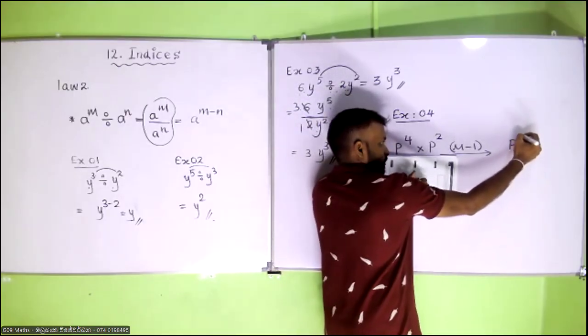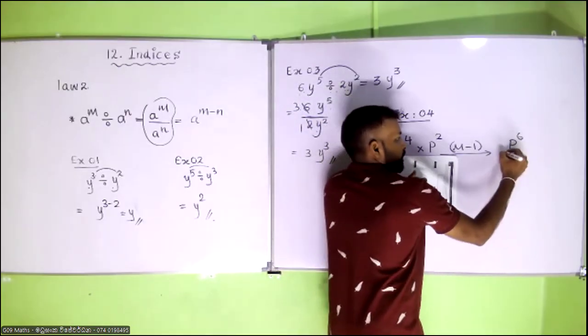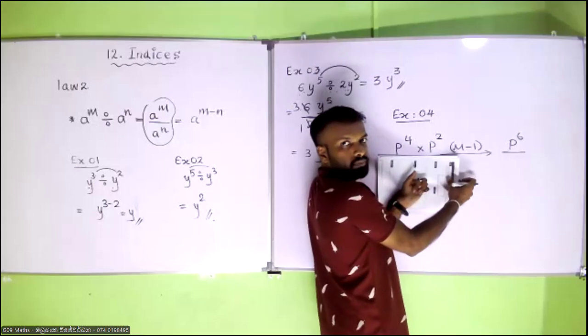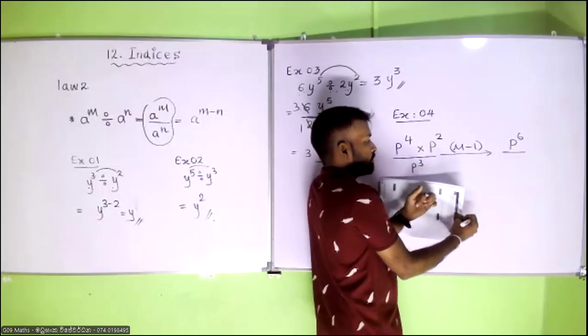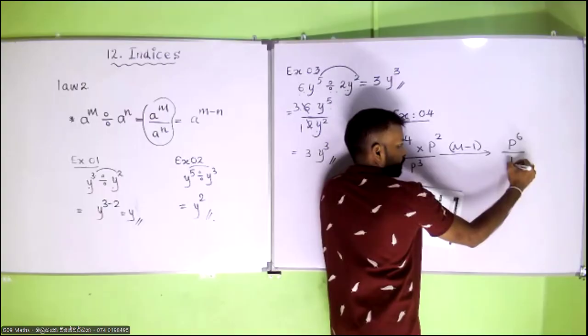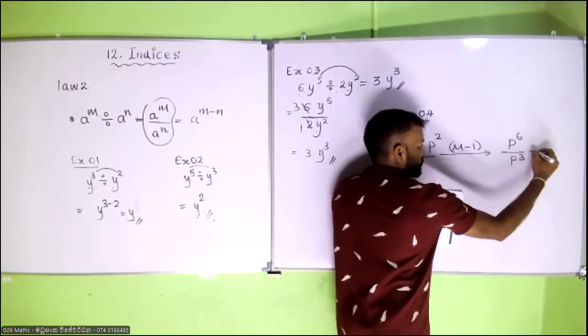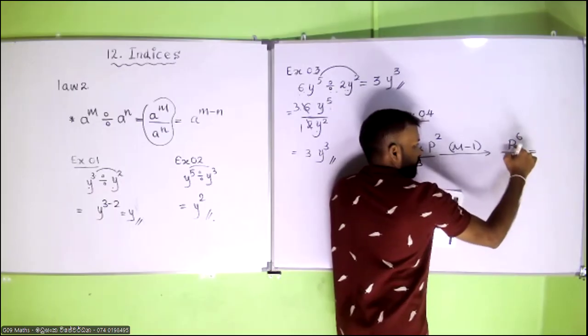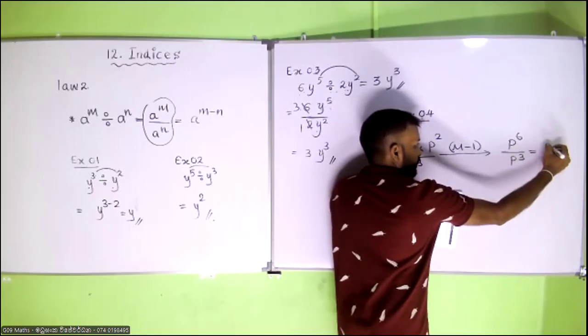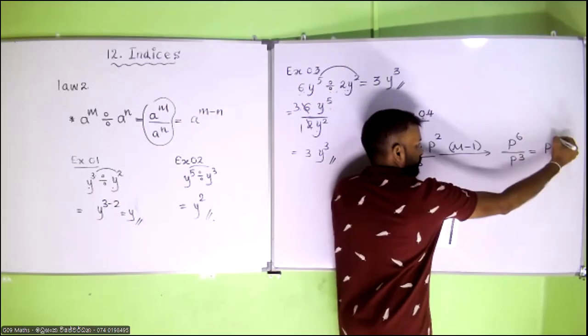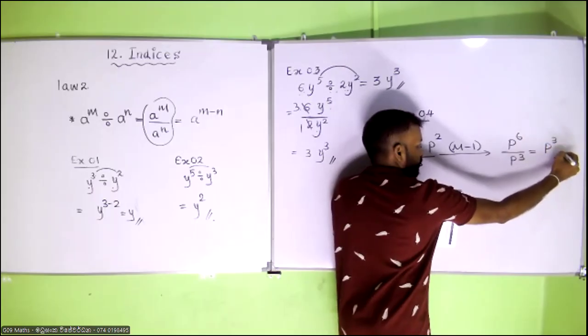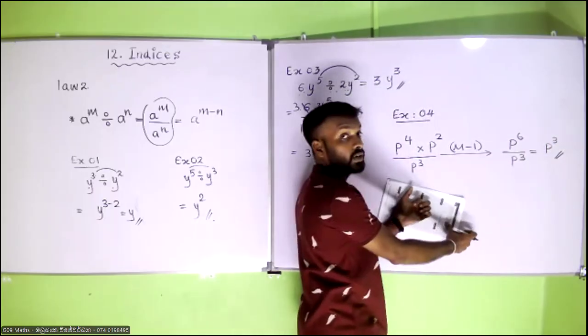P to the power 6. P to the power 6 divided by p to the power 3. P to the power 3. Yes. Final answer is p to the power 6 minus 3, which is p to the power 3. That is method 1.